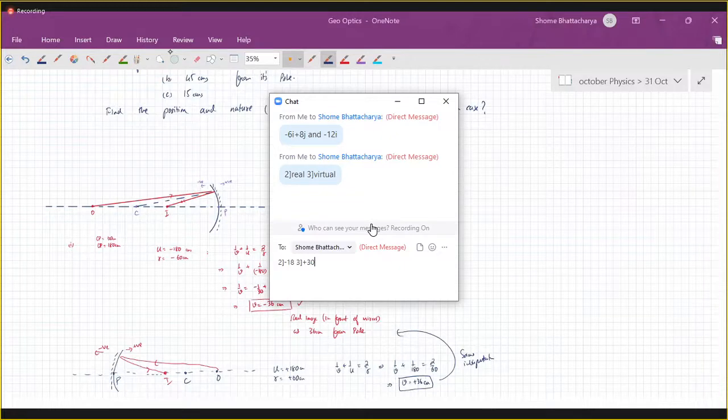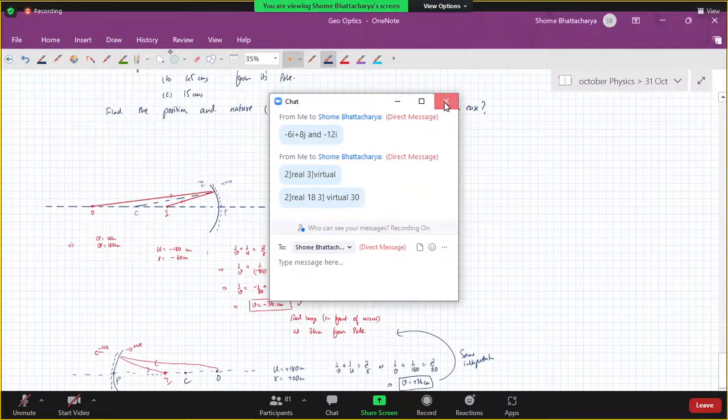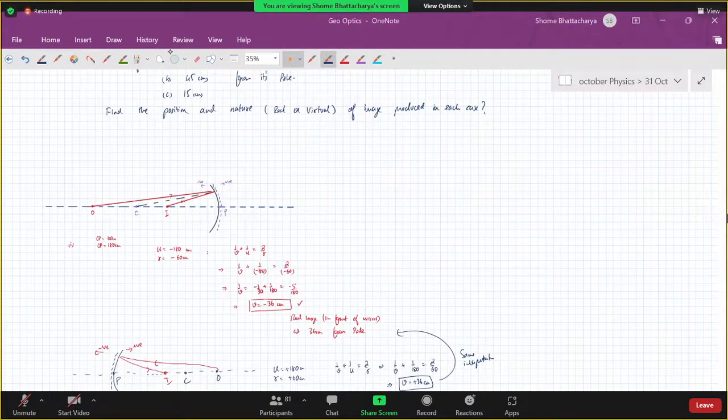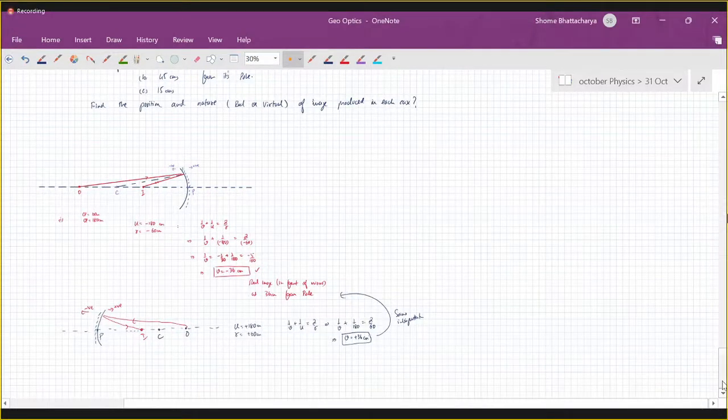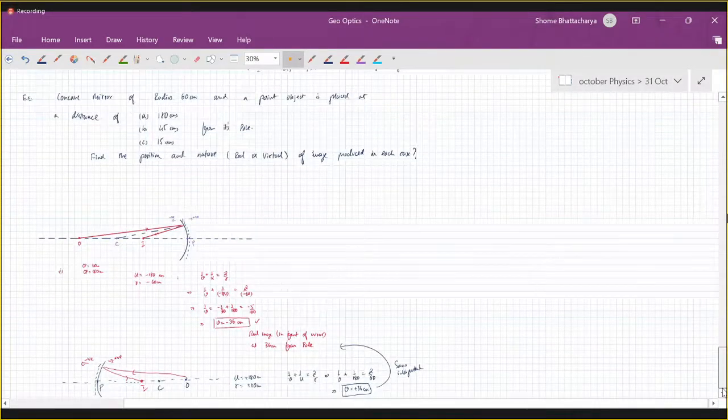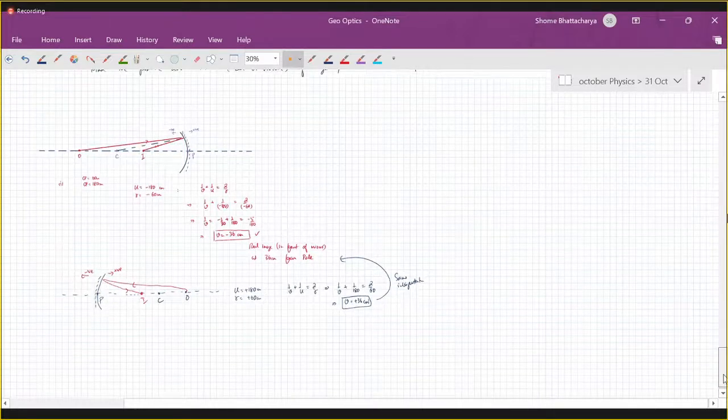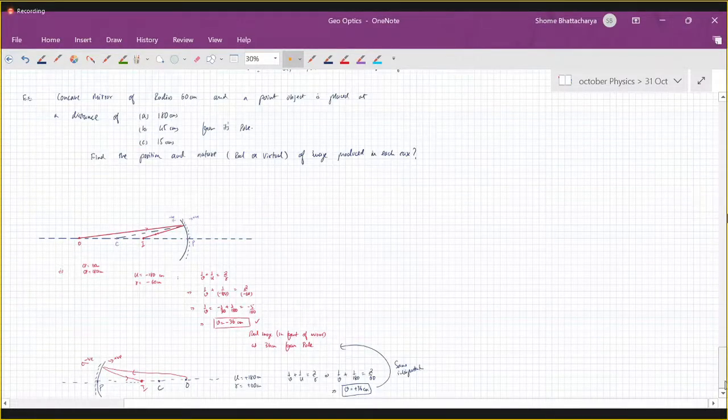But the physical reality is that it's either a real image, formed in front of the mirror by actual convergence of reflected rays, or it's a virtual image that appears to be coming from a point behind the mirror because the reflected rays are diverging. Okay.